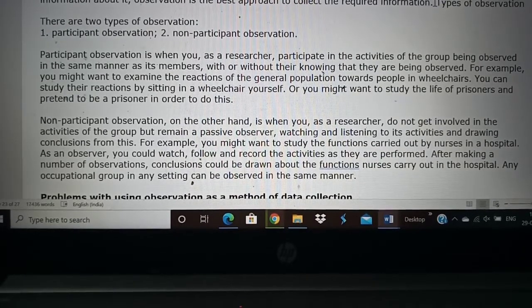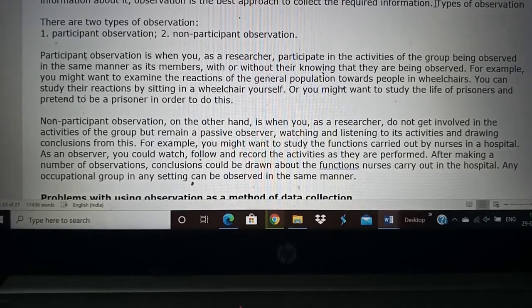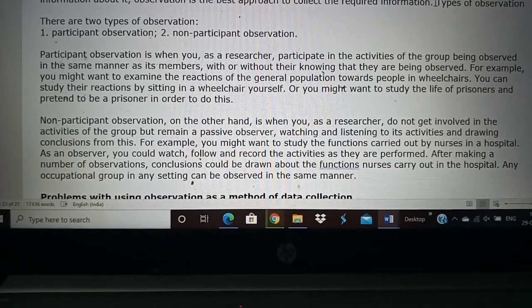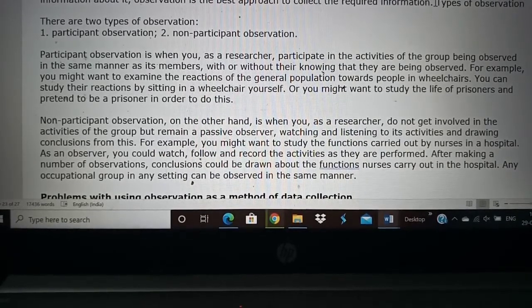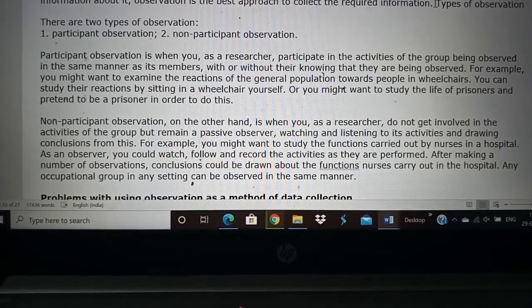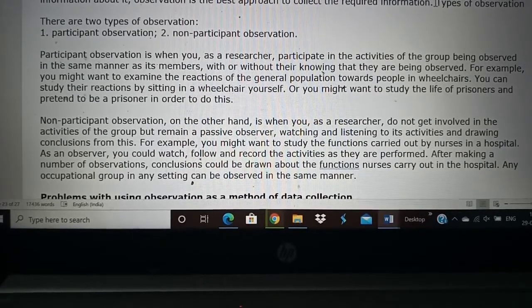On the other hand, non-participant observation means the researcher, that is, if you are a researcher, you are not involved in the activities of the group, but you are away from the place and you are watching it through a video recording, or you can sit in a place where the participants in the research cannot see you.